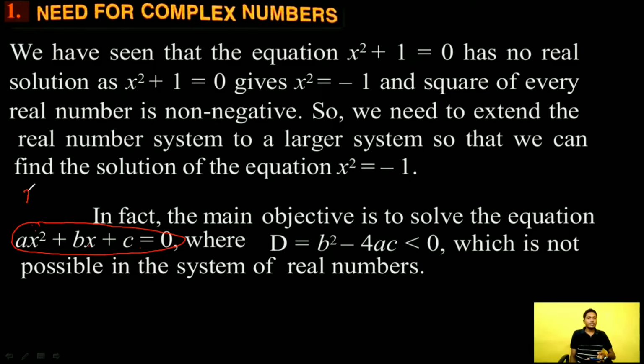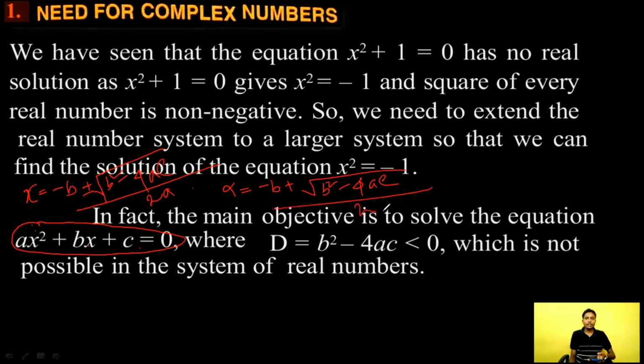They are x equal to minus b plus minus root over of b square minus 4ac divided by twice a. We can write alpha equal to minus b plus root over of b square minus 4ac divided by twice a, and beta equal to minus b minus root over of b square minus 4ac divided by twice a.